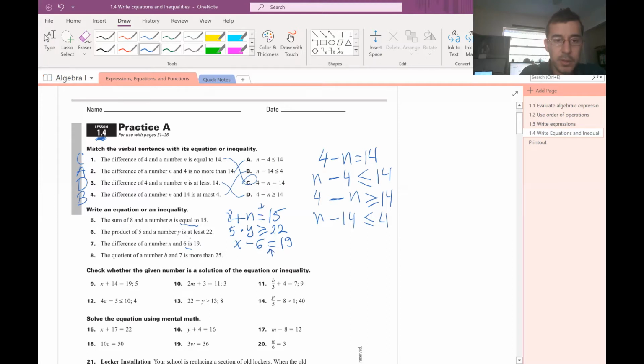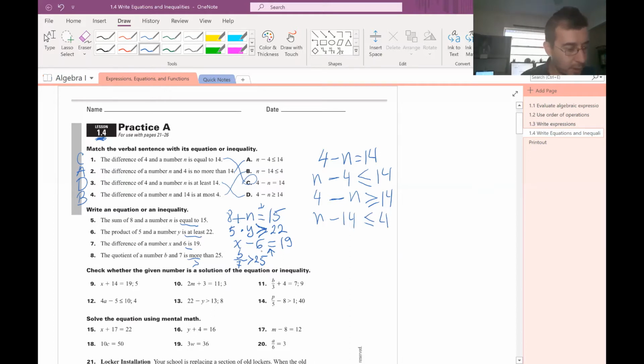When you see is at least, that means greater than or equal to. And then the last one, the quotient means division, of a number b and 7 is more than 25. When you see more, that means greater than, right? So number 8 is b over 7 is greater than 25.